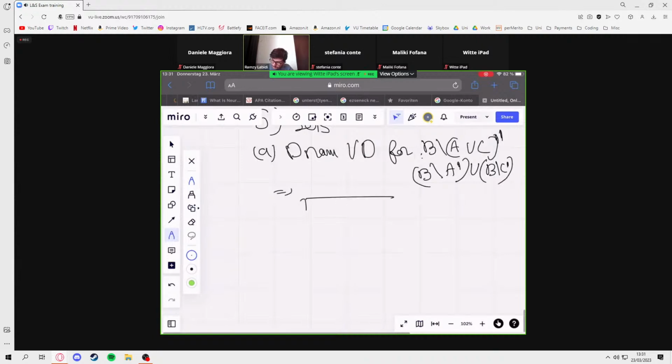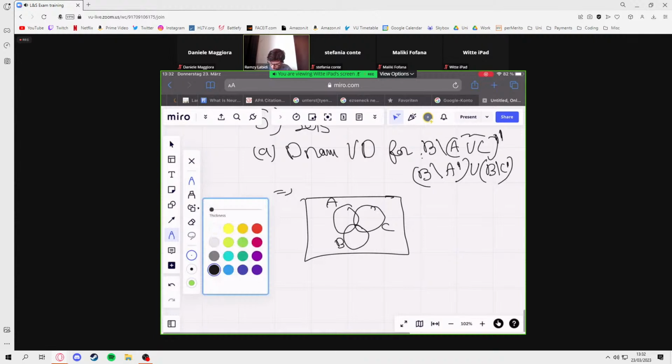All right. So first things first, start by depicting a diagram, and we start with the smallest selection. So we have A union C. A, B, C. A and C are those.